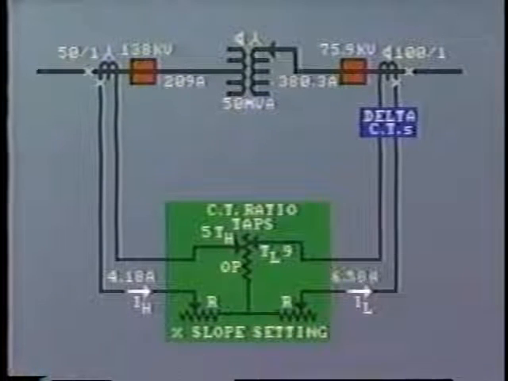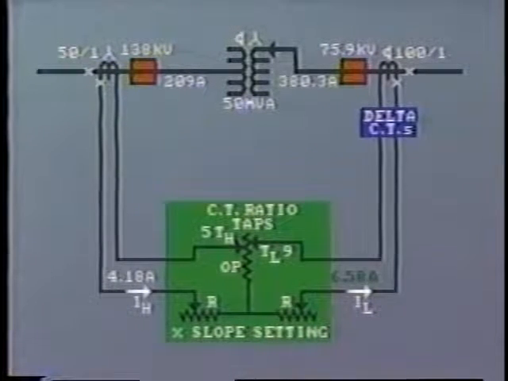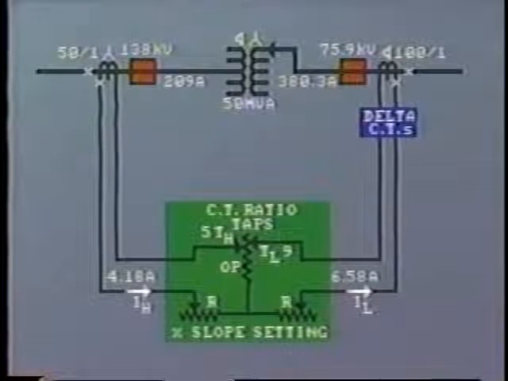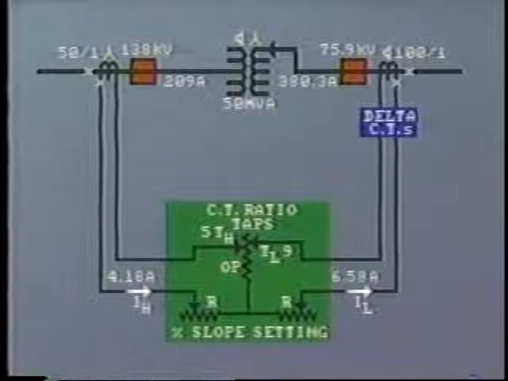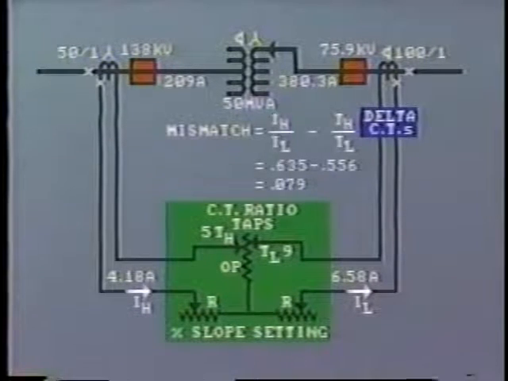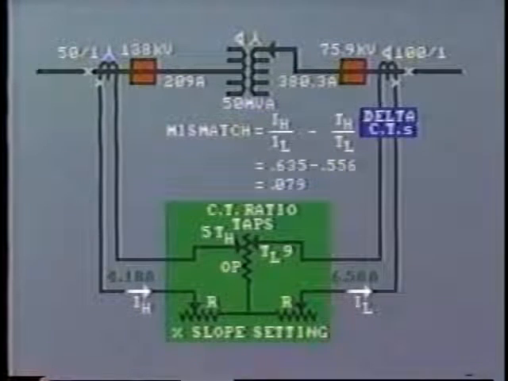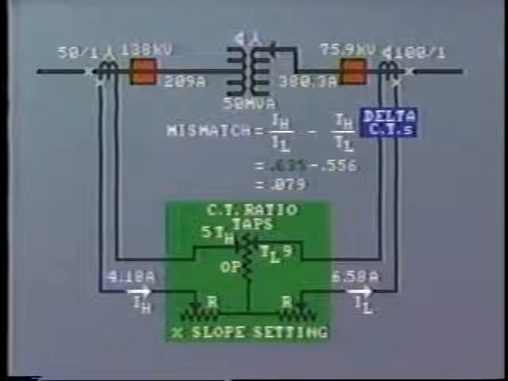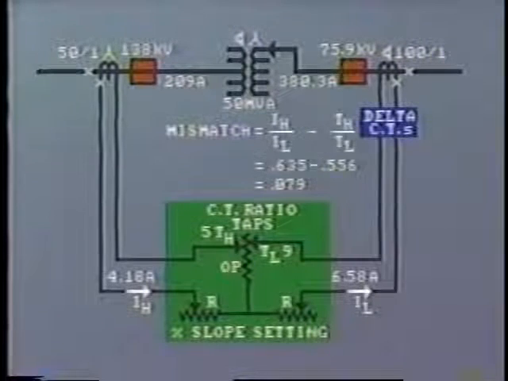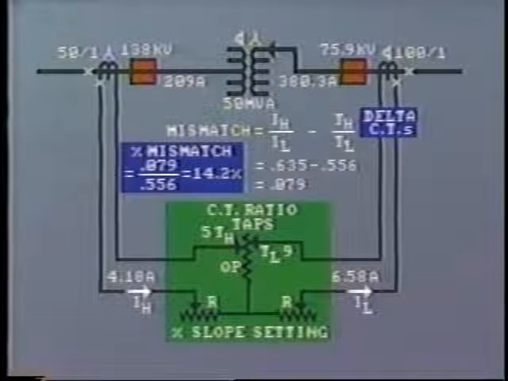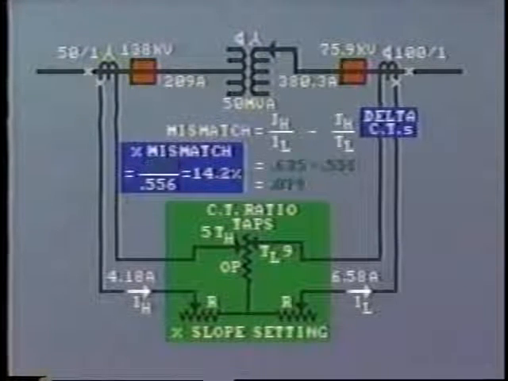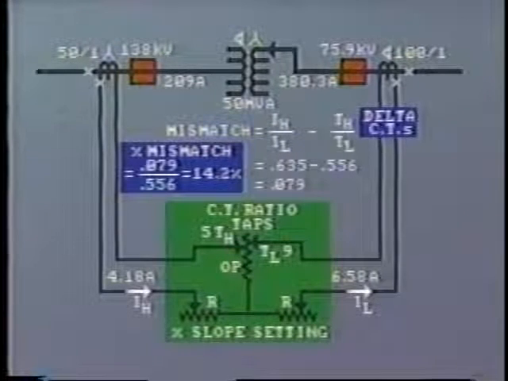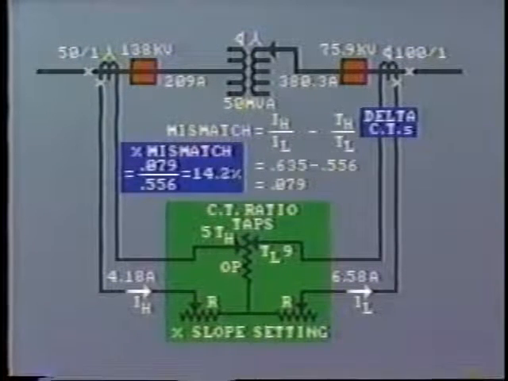The secondary current in the restraint winding would now be 380.3 divided by 100 times root 3, or 6.58 amps. So the ratio IH to IL is now 4.18 as before, divided by 6.58, which equals 0.635. So our percentage mismatch now becomes 0.635 minus 0.556 divided by 0.556, or 14.2%.